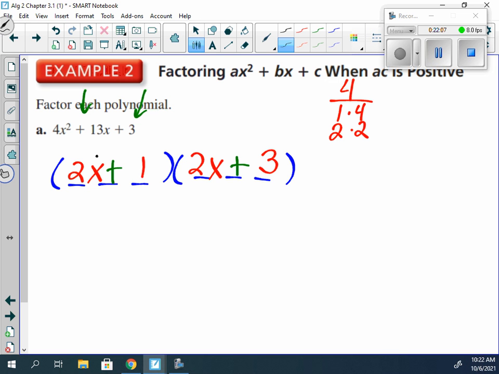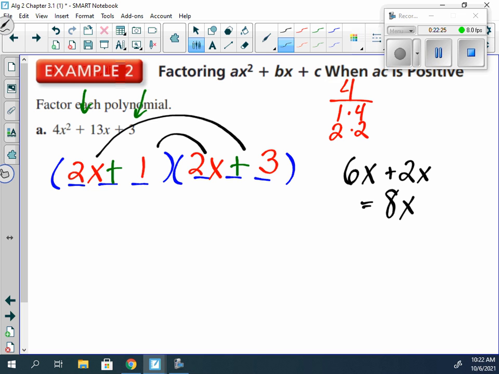And last but not least, we check it. 2x times 3 is positive 6x. 1 times 2x is plus 2x, and 6x plus 2x is 8x, and that is not correct because our middle term is not 8x, it's 13x.